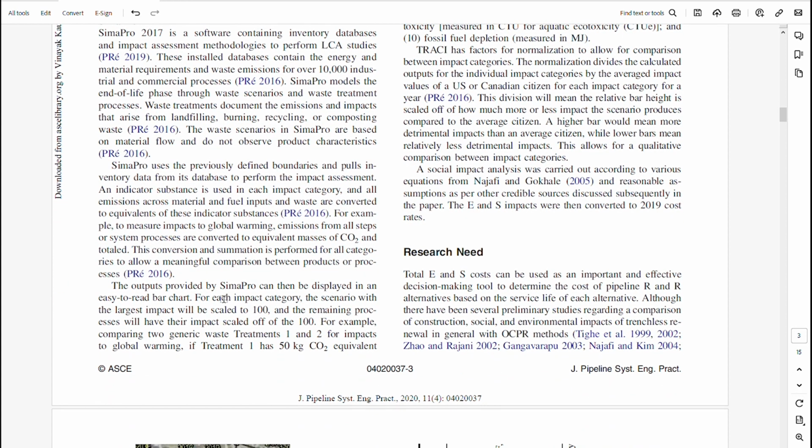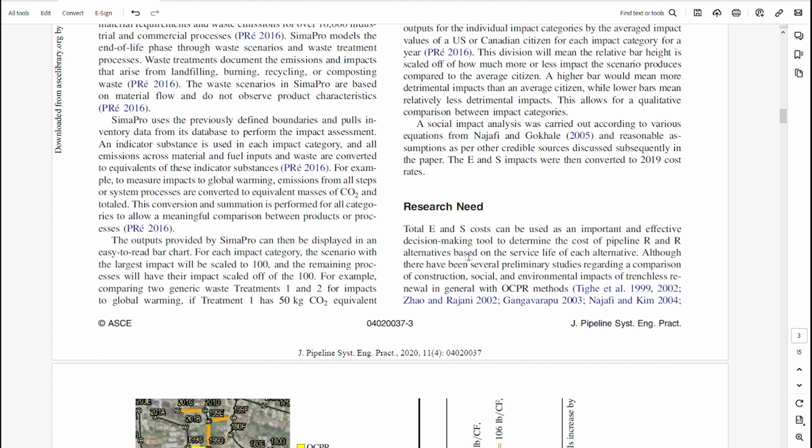Then it is very important that we tell the need or the requirement or the motivation for doing the research.